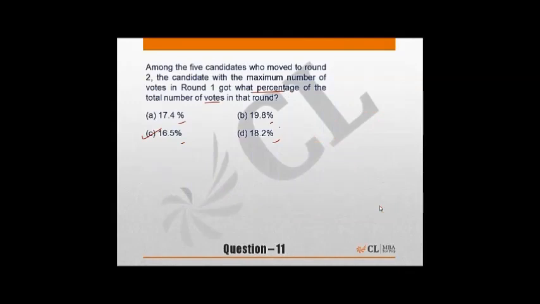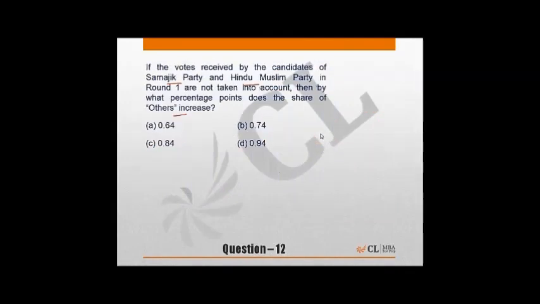Okay. Let me just go to that slide. Originally others had 1.51 lakh votes out of a total of 100 lakh. Now it has become 1.51 lakh upon 67 lakh. So you can calculate and find the difference. But another simple way to look at it is the denominator has become 2/3.